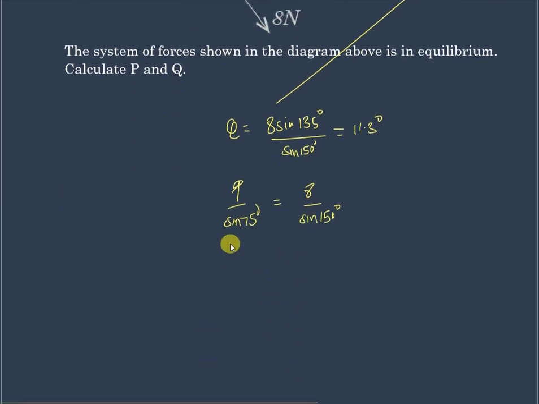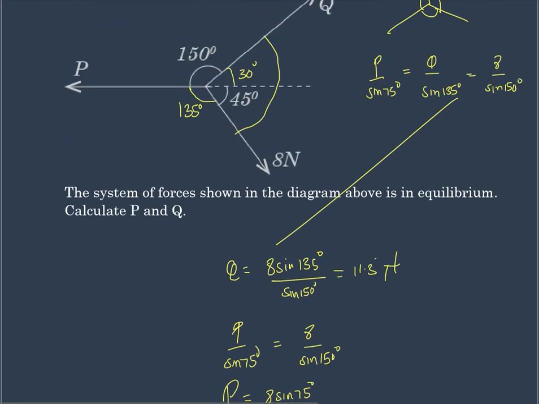That implies that P is equal to 8 times sine of 75 degrees divided by sine of 150 degrees, so P, if you work it out on your calculator, is 15.5 newtons. This one is not degrees, it is newtons, because it is a force. There you are. That is the first example.